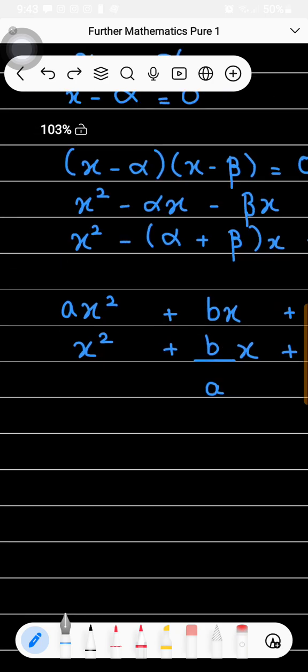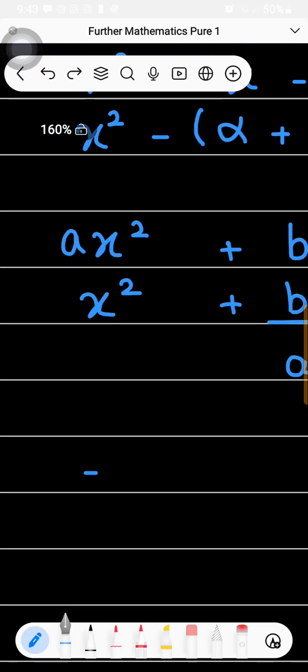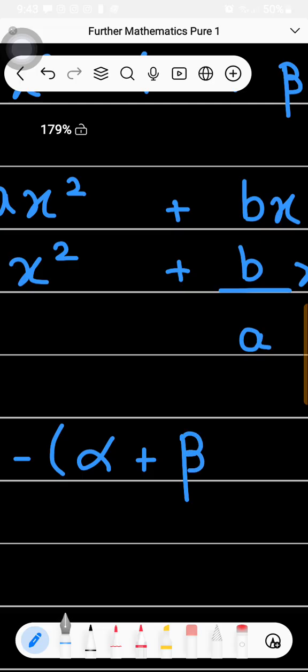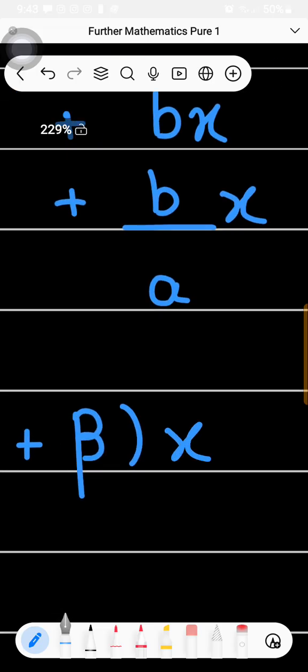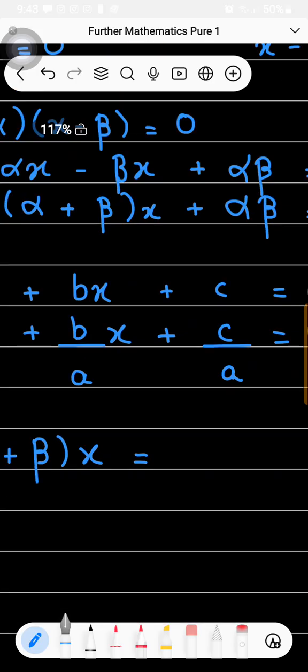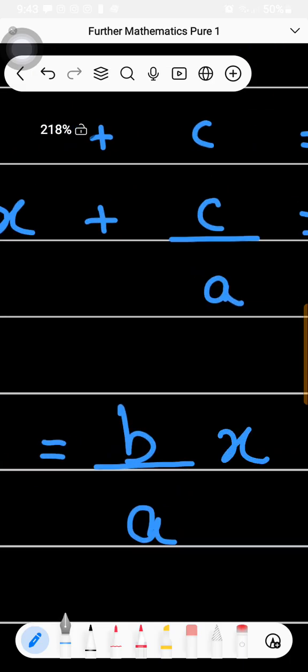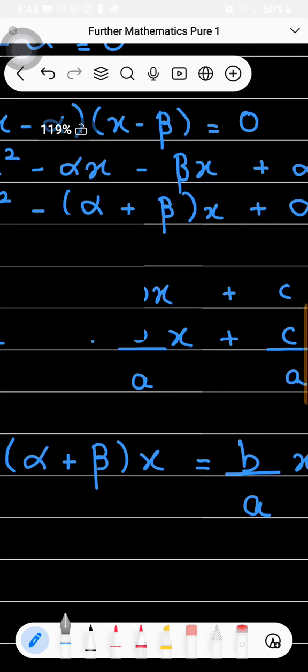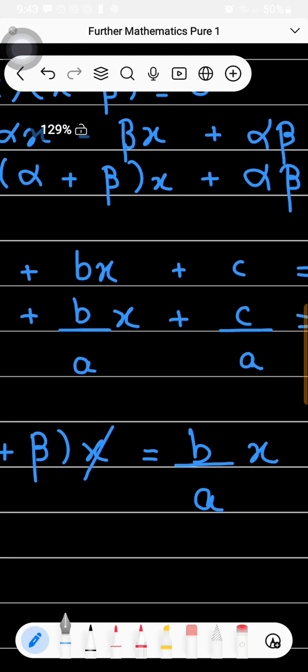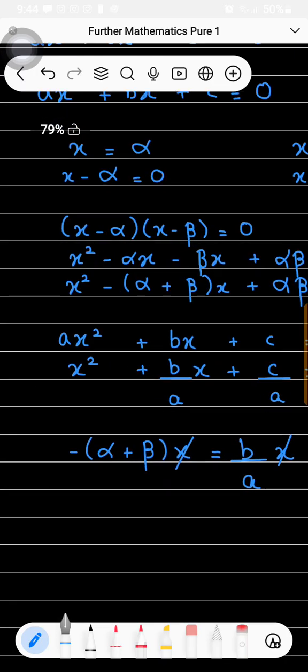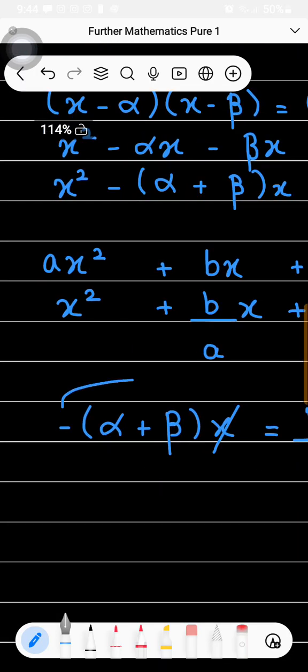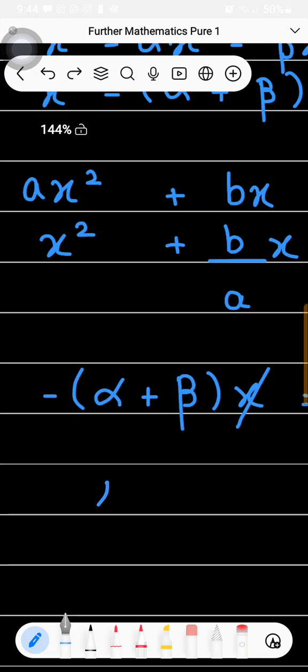So we got a formula that negative alpha plus beta x equal to b upon ax. This x and x got cancelled, and the minus will get shifted to the right, so it becomes alpha plus beta.